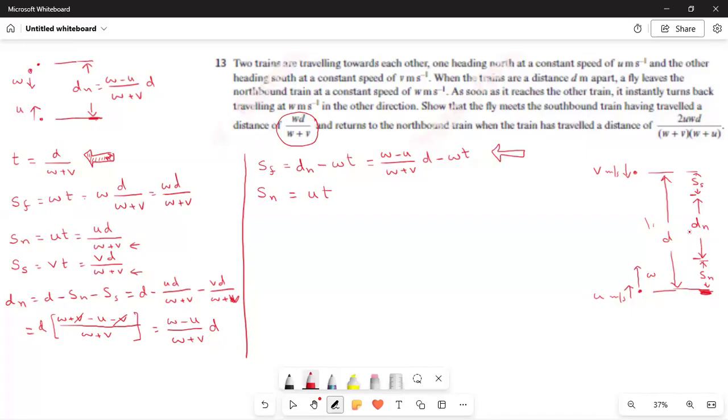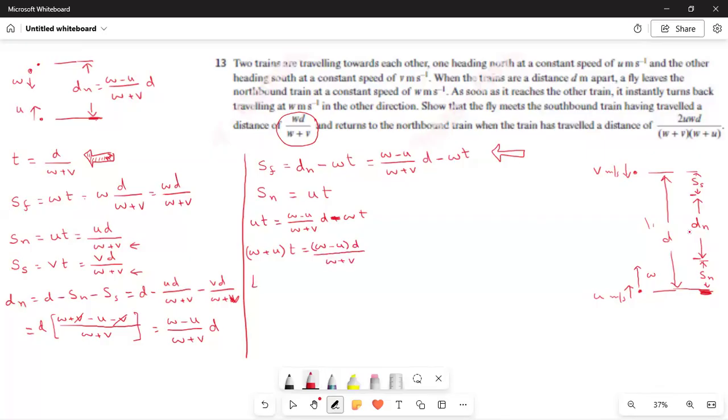So when these two are equal, UT equals (W minus U) over (W plus V) into D minus WT. Sorry, this is minus. So if W comes on this side, it is going to be (W plus U) into T equals (W minus U) into D over (W plus V).